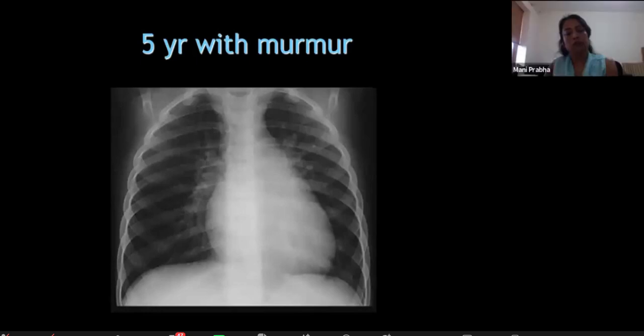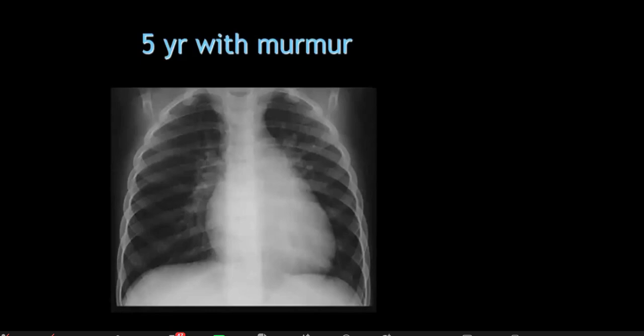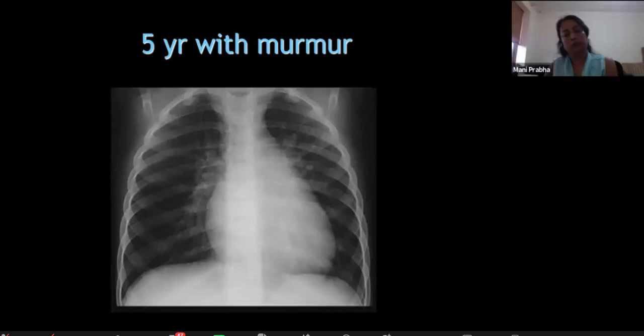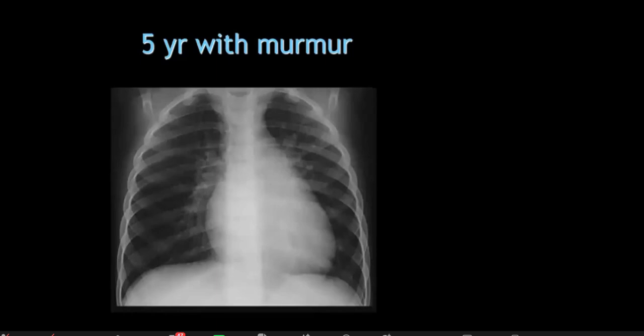The apex is appropriate. It's not upturned or dipping. On the right heart border, maybe there could be subtle right atrial enlargement. It has a slightly more convex contour, I would say. Looking at the spine, ribs, and sternum, I can't see any other abnormalities.